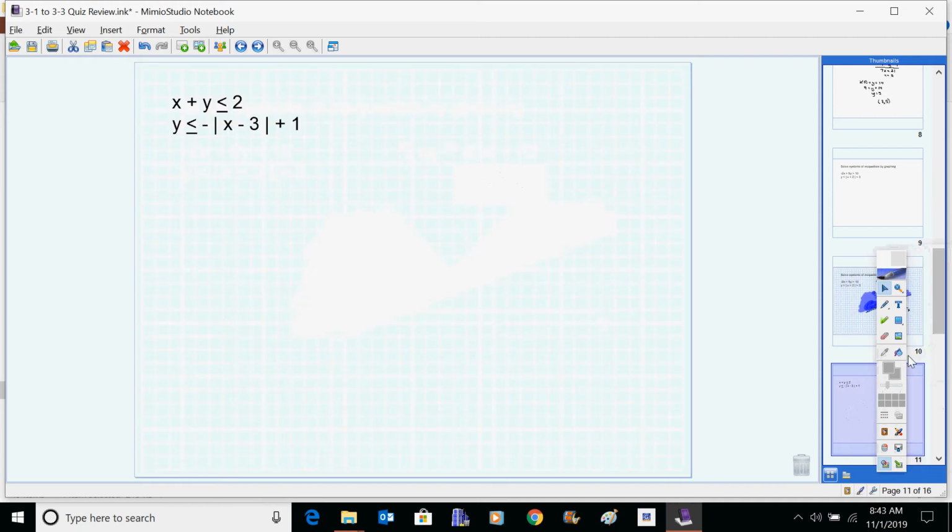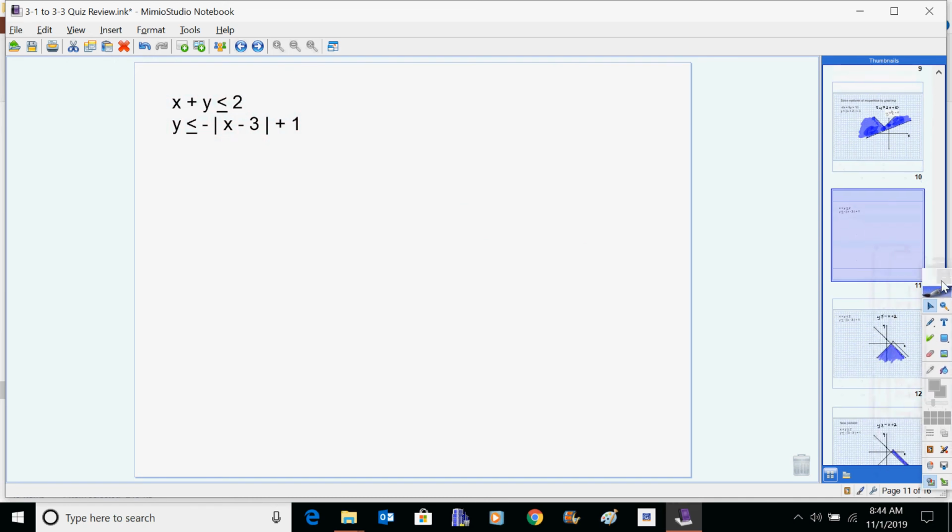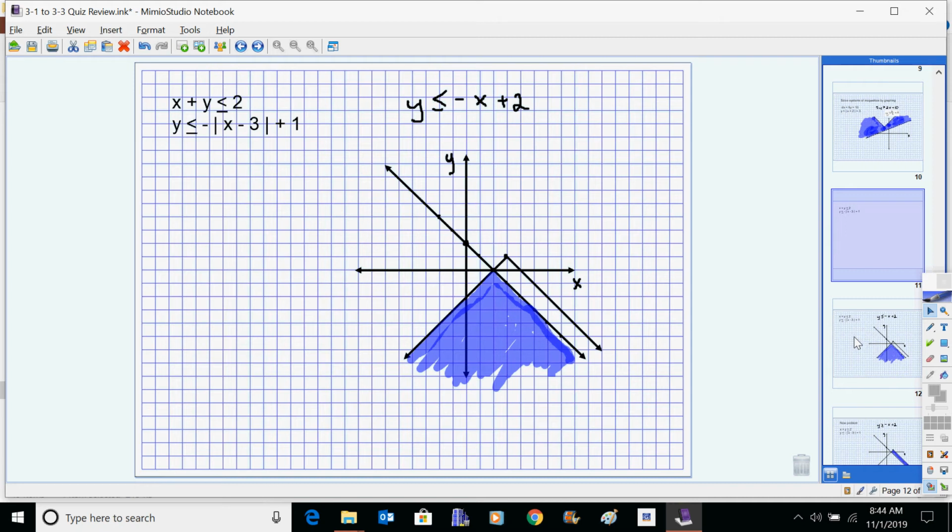And then last one, oh, not quite last one, but pretty close. Be careful when you do the graphs. Don't assume that it's always going to be a little area. When you graph this one, negative x plus 2 makes this graph, and we're looking for below.